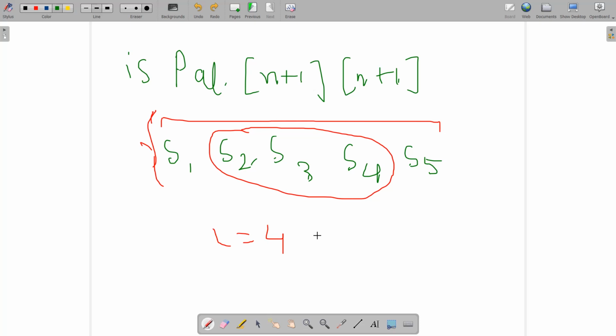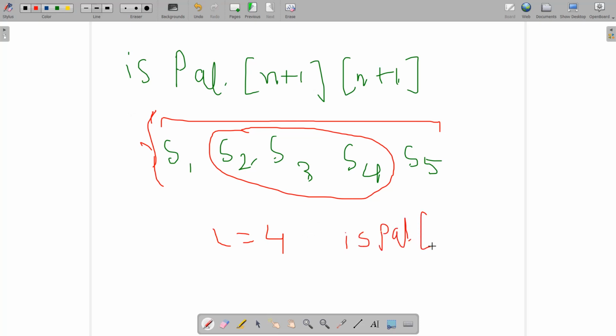Then only can I say that is pal of 1 to 4 is going to have the value true, like the entire substring from s1 to s4 is a palindrome, so this value should be filled with true.